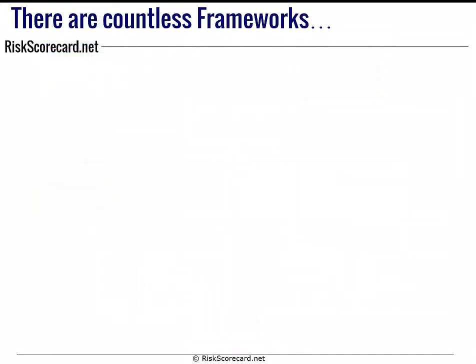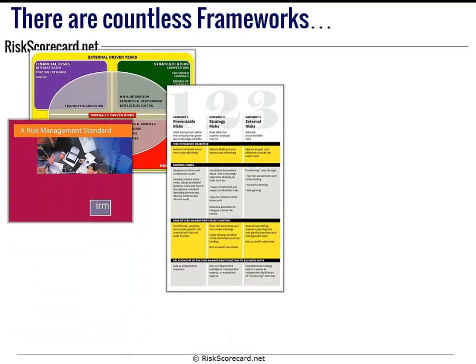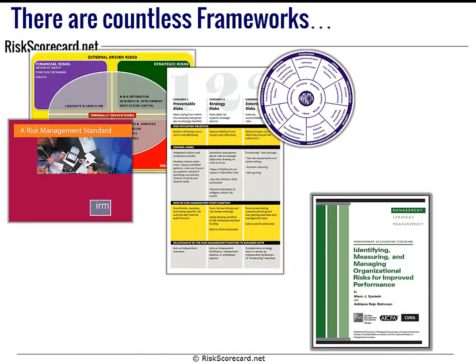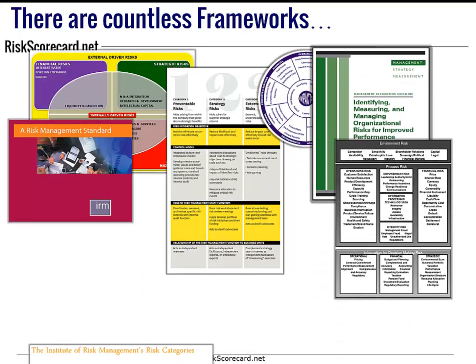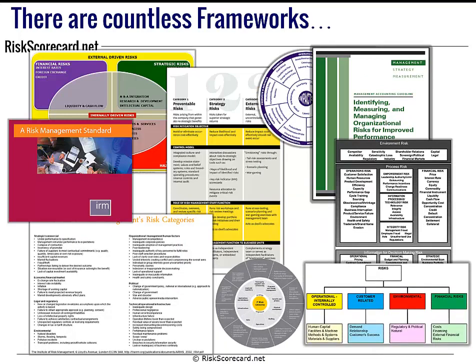Now, there are many of these categories and frameworks available, and the trick is to find one that best suits your industry or your situation. If you want, you can pop us a quick email and we'll send you along links to many of the more popular categories. They include things like COSO, ISO 31000, and so forth.